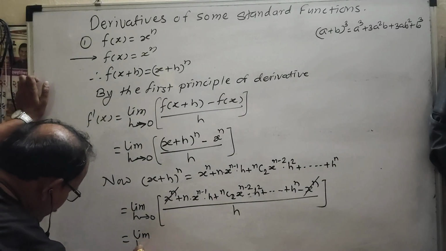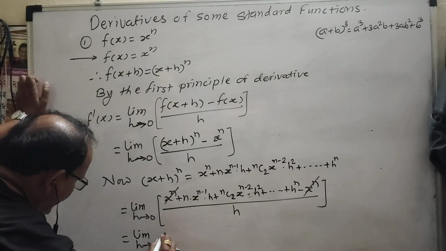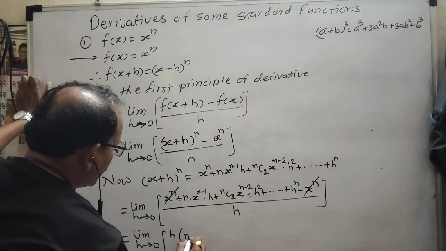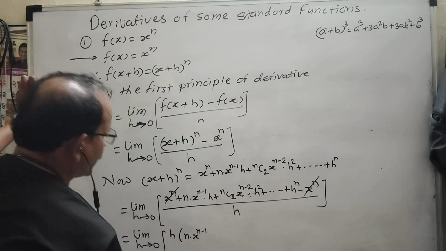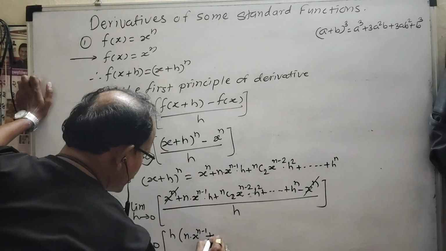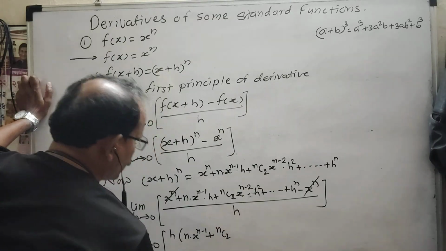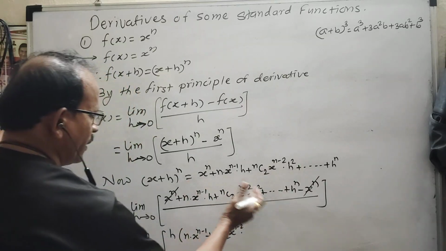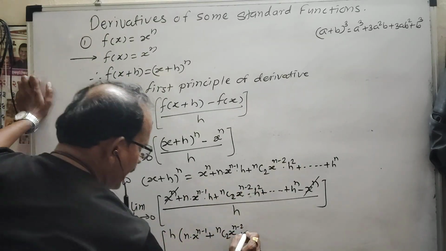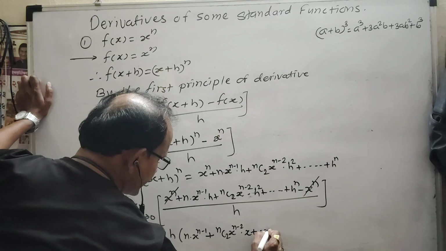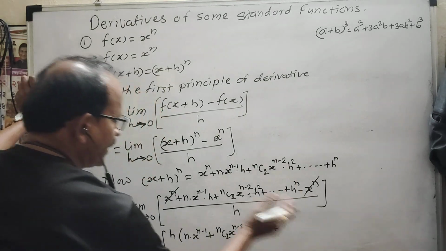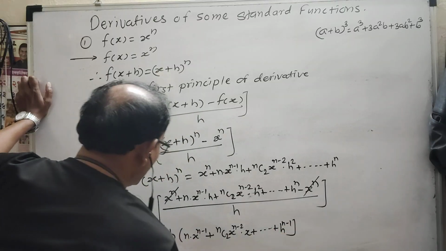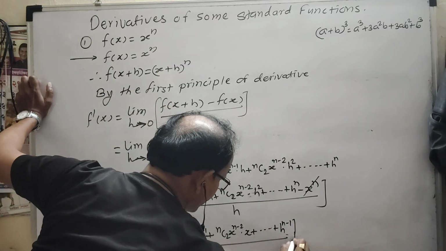Limit h tends to 0. Take h common. Remain here n dot x raised to n minus 1 plus nC2 x raised to n minus 2 h, since from h square one h is gone, plus dash dash dash h raised to n minus 1, whole divided by h.